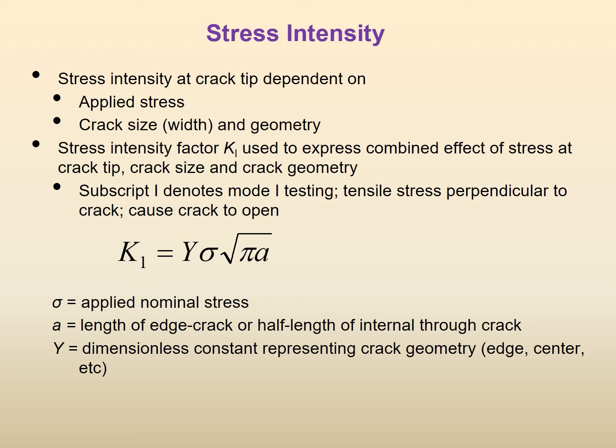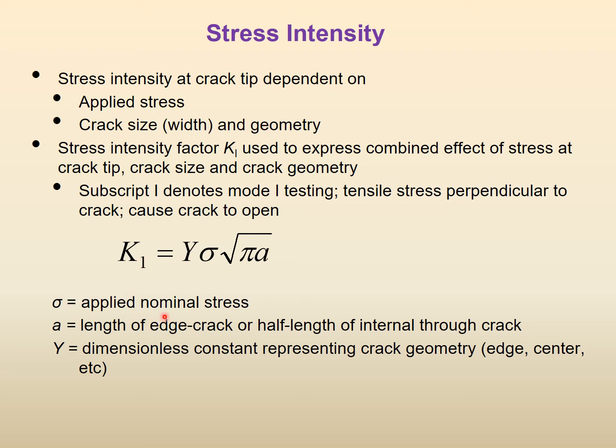Remember, KT was a ratio of sigma m to sigma naught. If you can find experimentally the maximum stress at the crack tip, and of course you know the remote stress F divided by A, sigma naught, then that ratio was a stress concentration factor. That we used a few stress concentration factors in machine design. But now the stress intensity is a combination of the applied stress and the crack size and geometry.